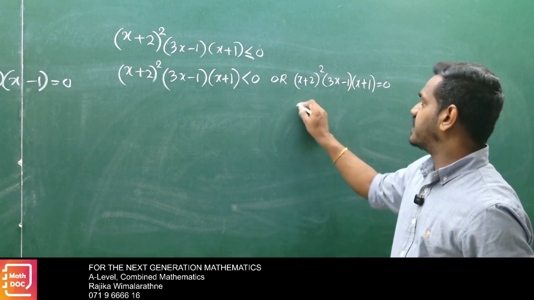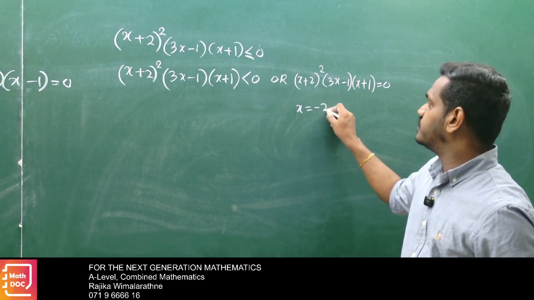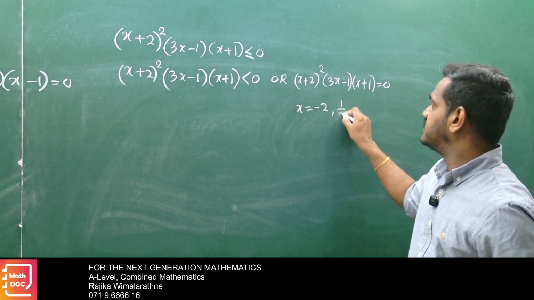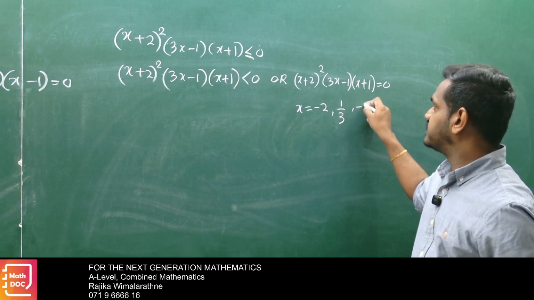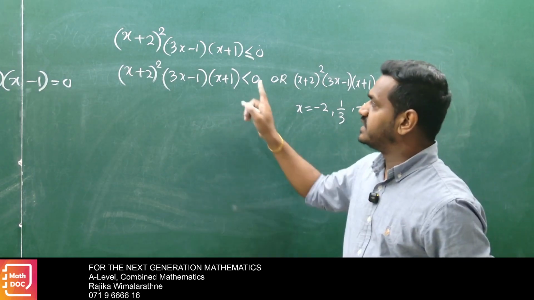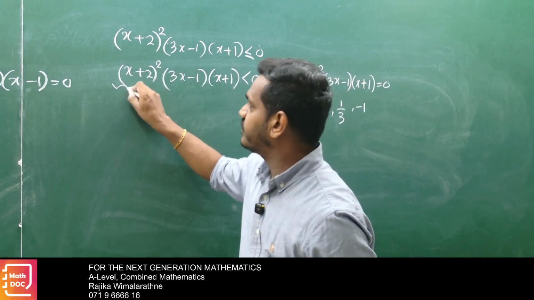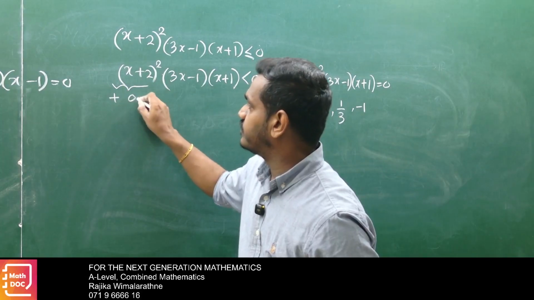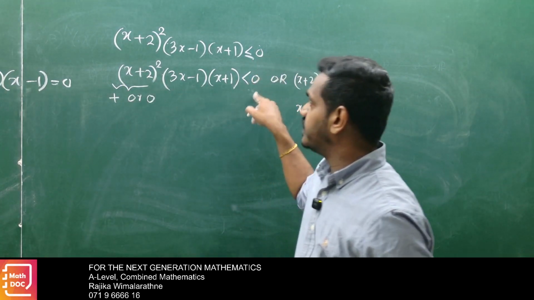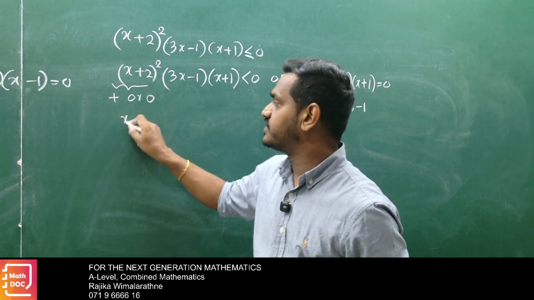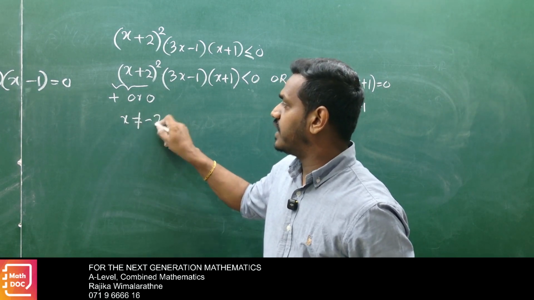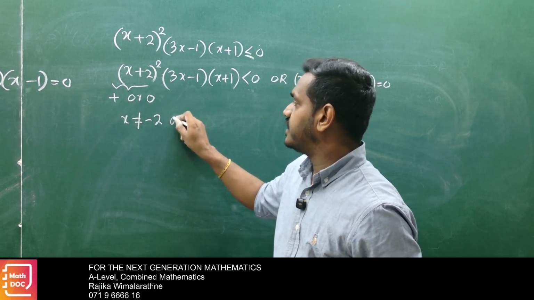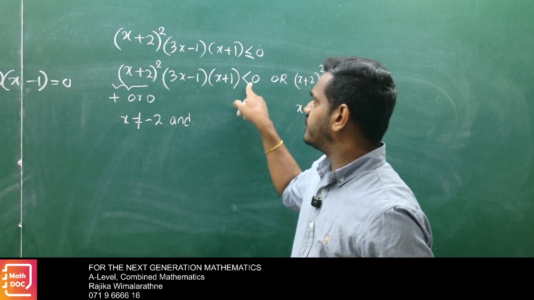For this equality, we can get solutions minus 2, 1/3 and minus 1. For this inequality, here positive was 0. But here negative, then we can't get 0 value. Then you take x not equal minus 2 and here the full thing must be negative.